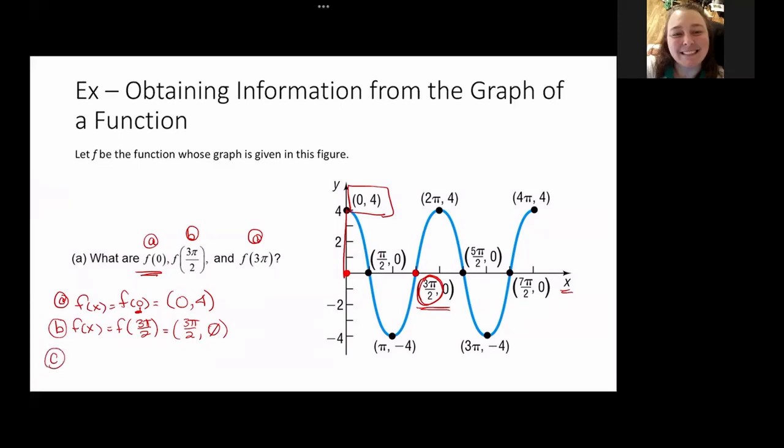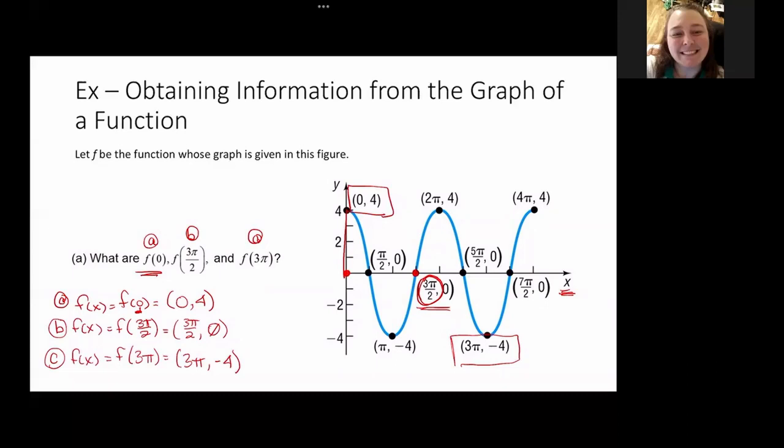So baby C, f of x is going to be equal to f of 3 pi. If I look over here on my x, 3 pi is right there, so the value is negative 4. Easy peasy.